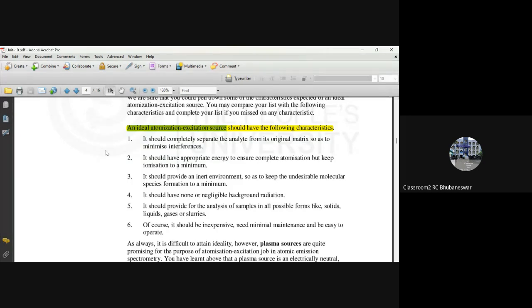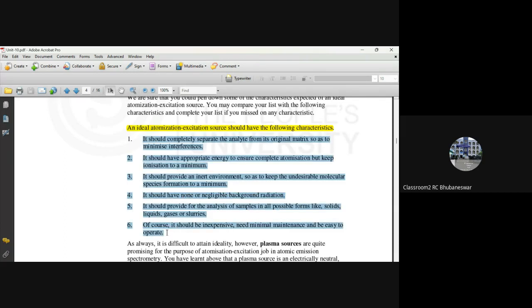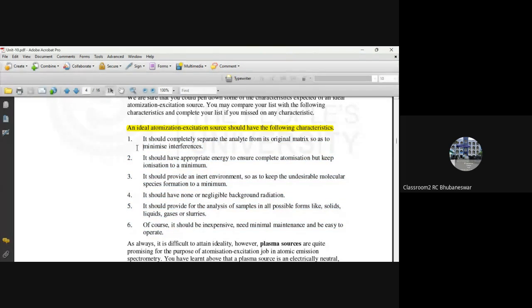Remember this thing: nothing is ideal. But if it is an ideal atomization excitation source, then these are the characteristics it should have.